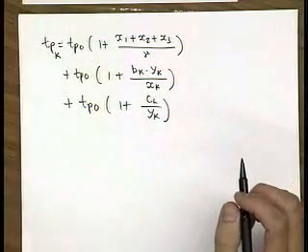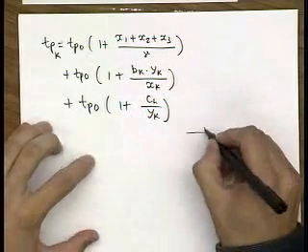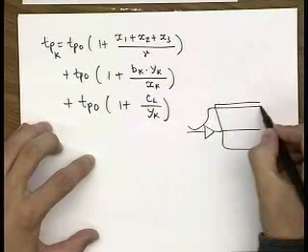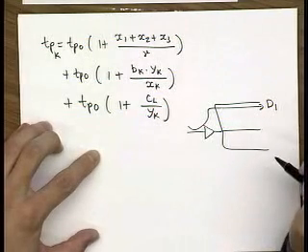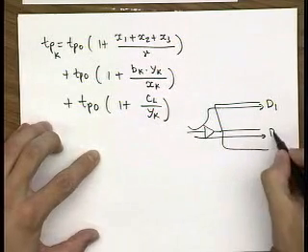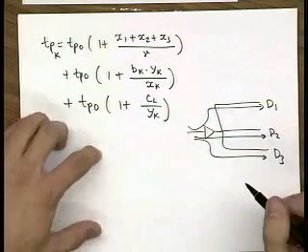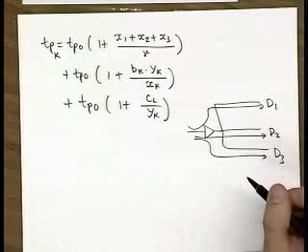So you have 3 different branches over here: branch 1, 2, and 3. If this is the delay of branch 1, this is delay 2, and this is finally delay 3, you are now looking at 3 delay parameters.